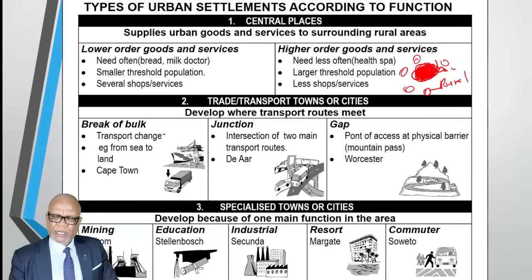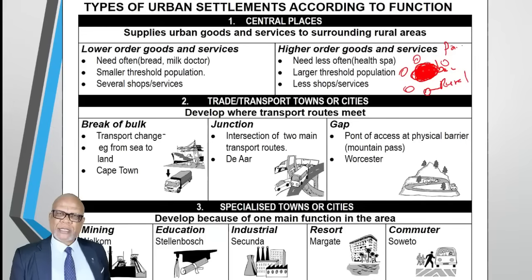So people in rural areas are doing primary activities, which means people in rural areas will not have finished products and will not be having services. So for them to get educational services, to get health services, what do they have to do? They have to move to a central place town to go and receive secondary and tertiary goods and services.